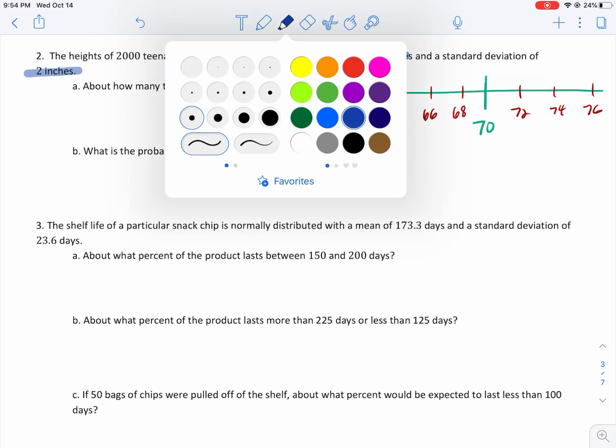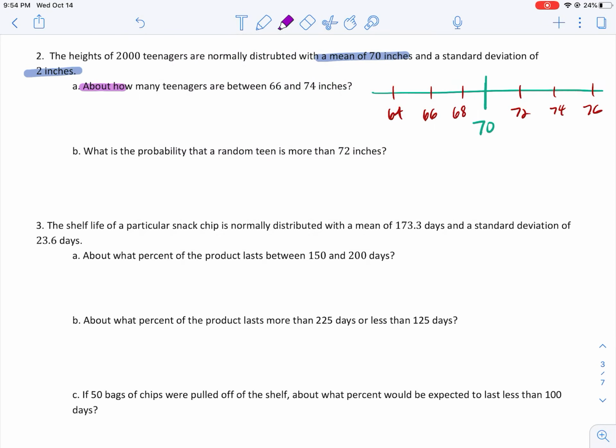This is the difference on this question, and this is important to make note of. This one says about how many teenagers. It doesn't say what percentage anymore. So we need the percent, but then we're going to multiply it by the number of teenagers that were surveyed. So between 66 and 74, that's 2 lines out on each side.